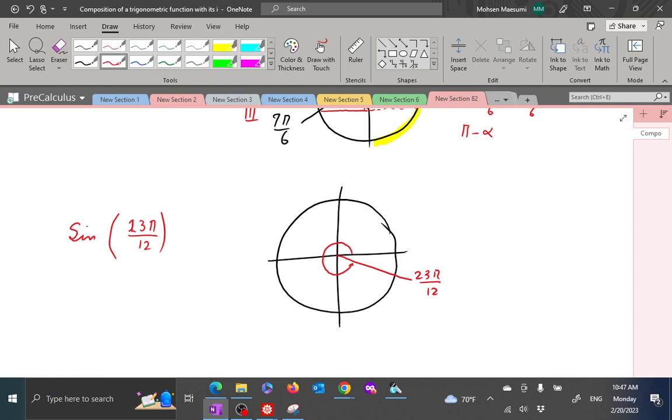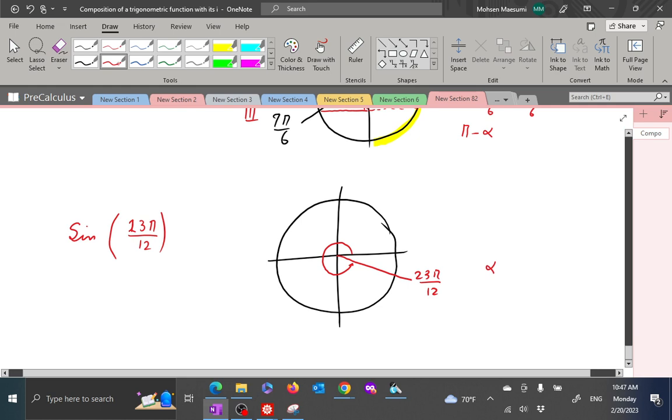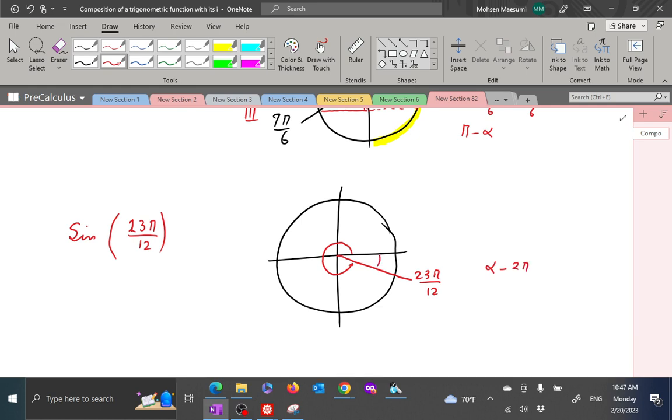So I take the angle that I have and subtract 2 pi from it to get this negative angle. So I have 23 pi over 12 minus 2 pi. Taking common denominator 12, 23 minus 24, I get minus pi over 12. So what is sine inverse of sine of 23 pi over 12? The answer is minus pi over 12.